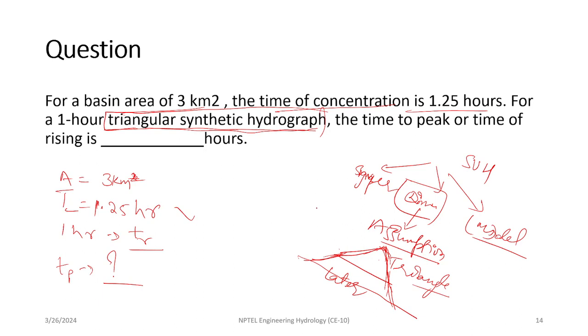So here this question is a bit related to the SCS dimensionless method. So does anyone have idea related to any empirical equation which is relating TR as well as TC? Any equation in your mind?